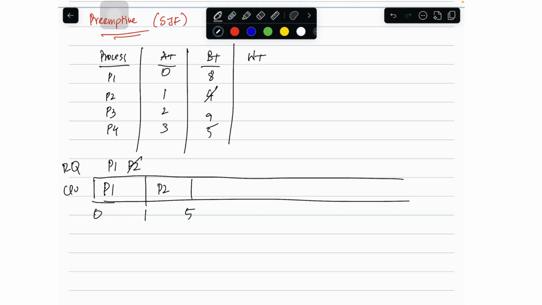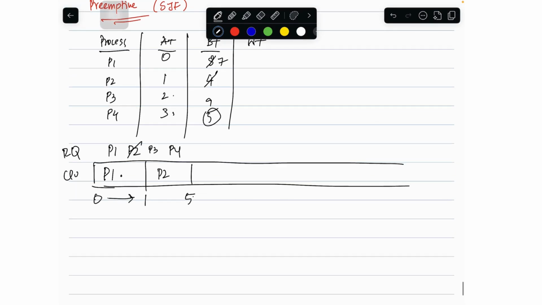By now we are at the 5th unit of time, and P3 and P4 are here, because the arrival time of P3 is 2 and of P4 is 3. We know that 5 is the shortest of all, and we shouldn't forget that P1 has already run for 1 unit of time, so we have to reduce it by 1.